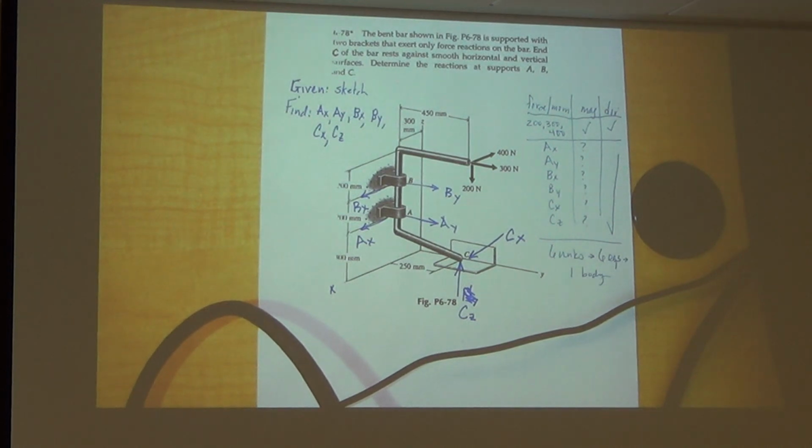Okay, so now let's look at the sum of the moments about the x-axis. Does AX, Eric W., does AX and BX create a moment about x?